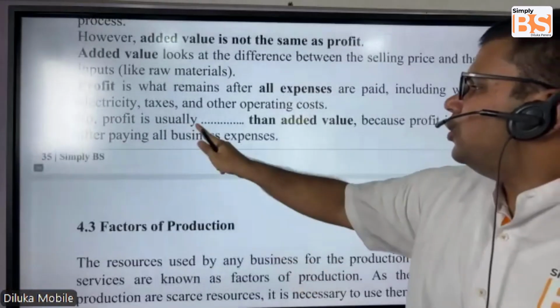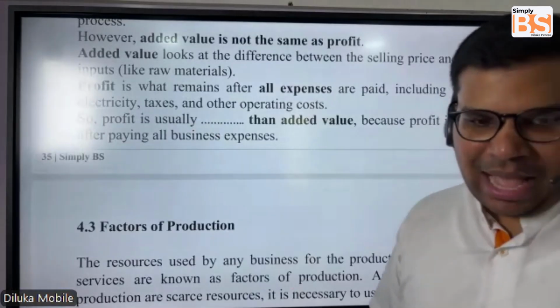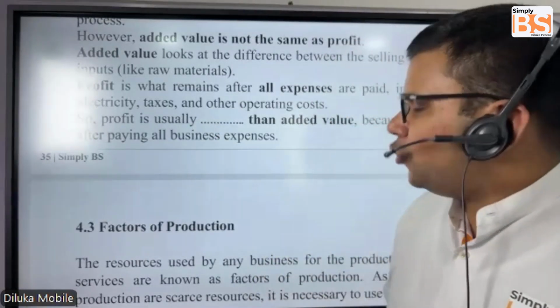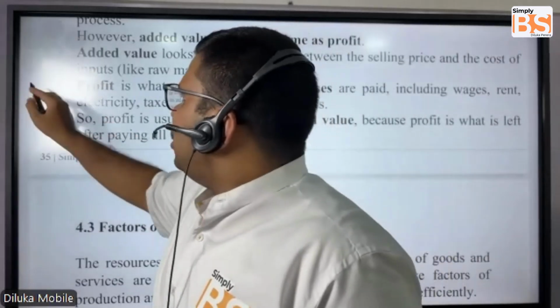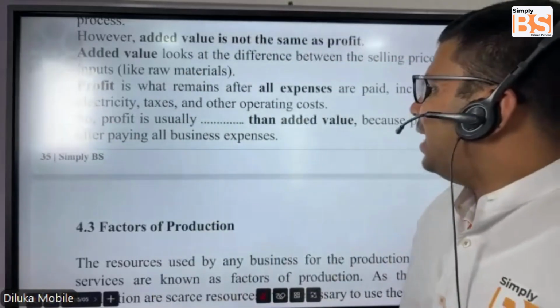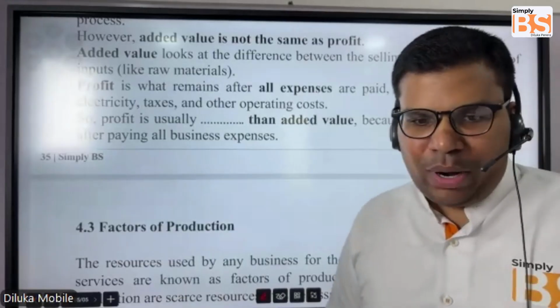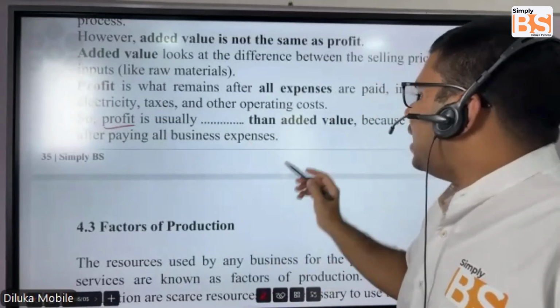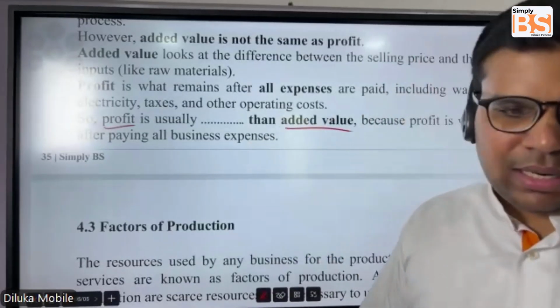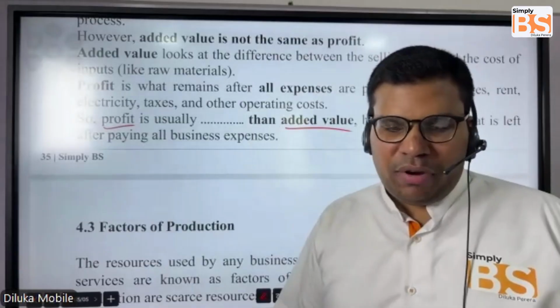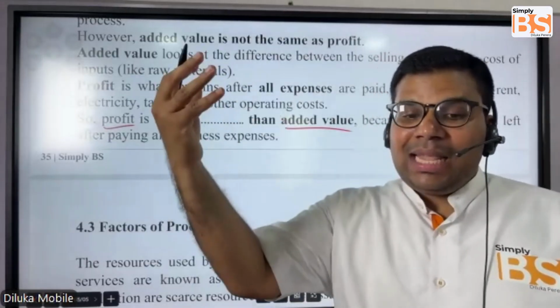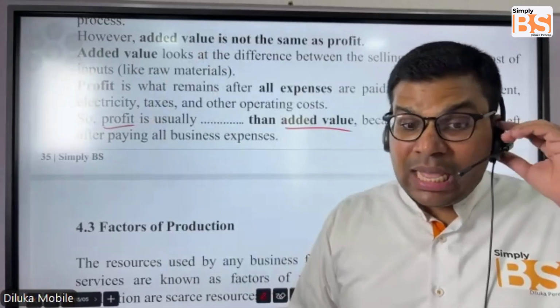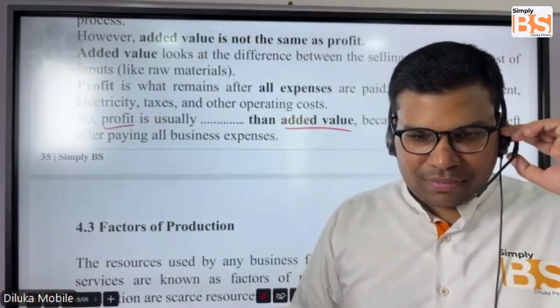Now, students, you can fill this blank. Profit is usually blank than added value. Now tell me whether profit is higher than the added value or whether the profit is lesser than added value.